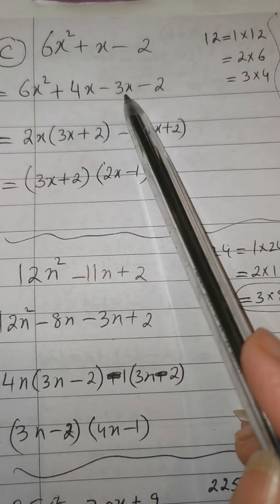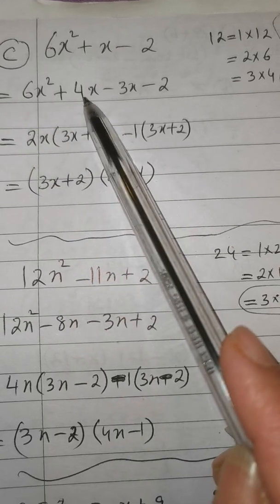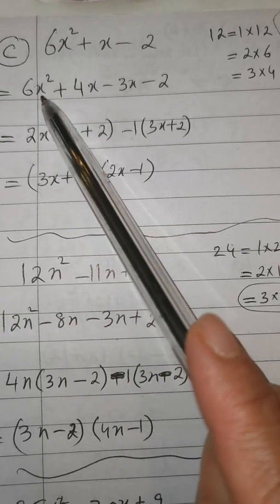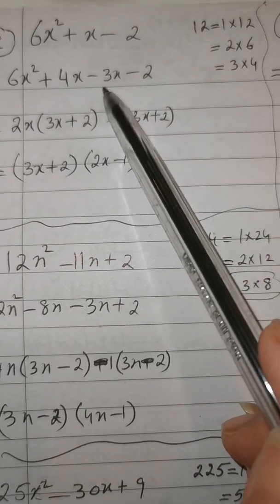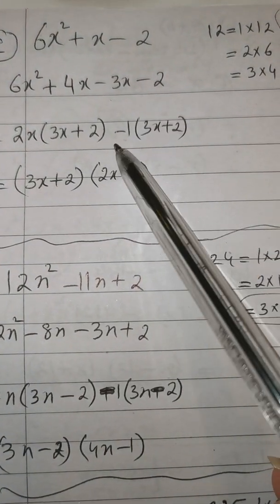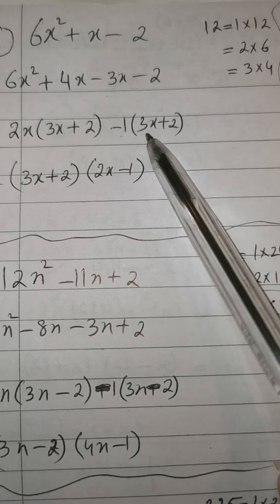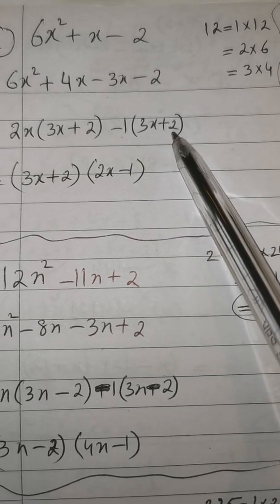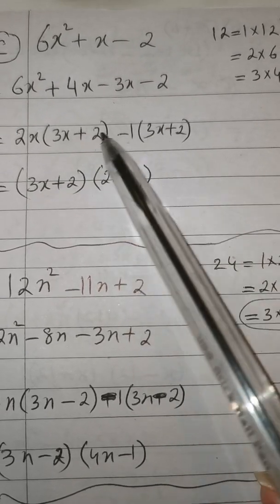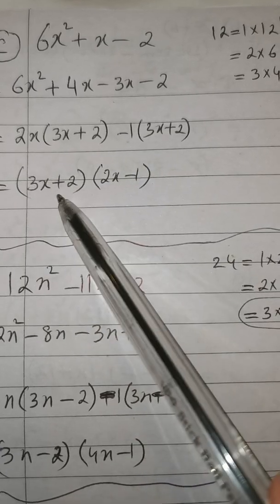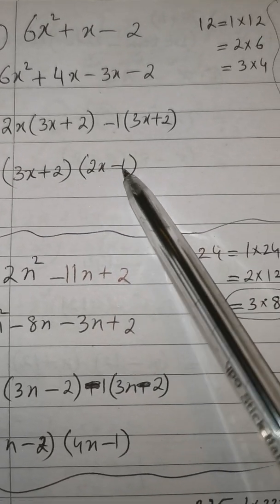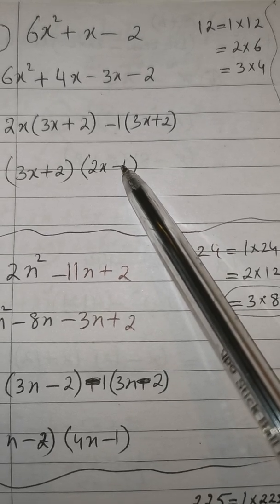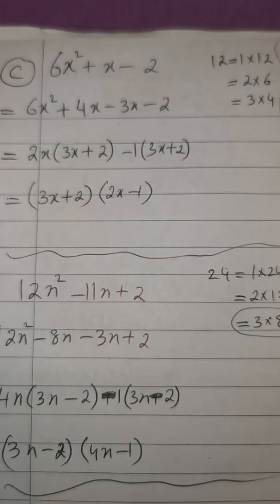When I write here, from the first pair I will take 2x as common, here 3x plus 2 is left, and from the second pair you can take minus 1 as common, and you have 3x plus 2 left. From these two you will take 3x plus 2 as common, and in the first place you have 2x left, and in the second place you have minus 1 left. So this is the simplification of this.